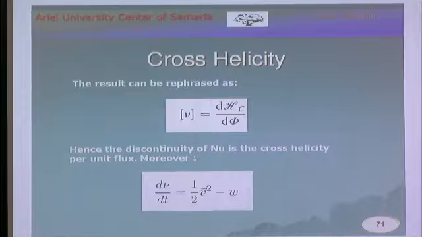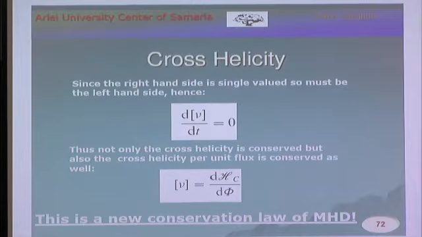So what does this mean? It means that the left-hand side must be single-valued as well. And this means that the material derivative of delta nu must be null. So not only the cross helicity is conserved, but also the cross helicity per unit flux is conserved as well.